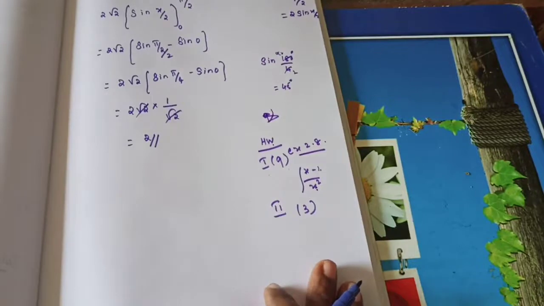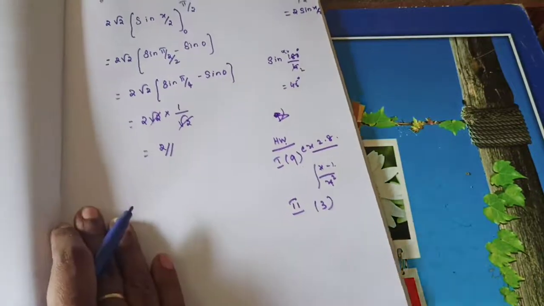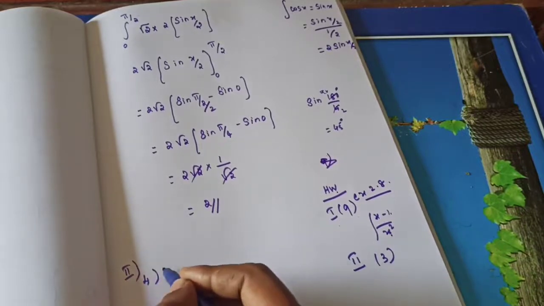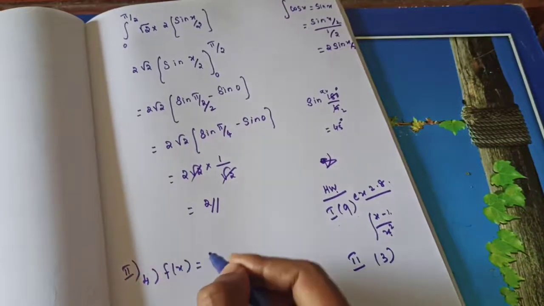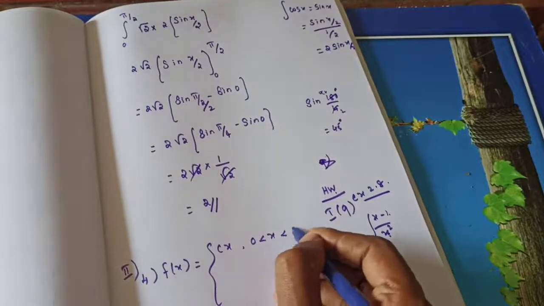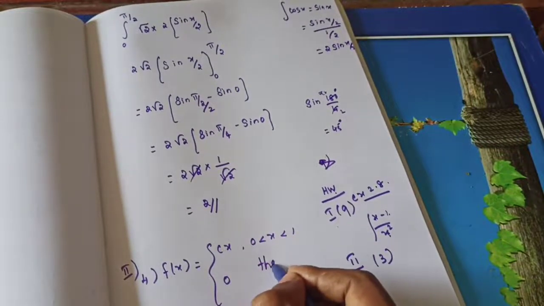Okay, so only one problem is left in this section. We will complete now. That is second Roman fourth problem. Question is f of x is equal to cx, 0 less than x less than 1, 0 otherwise.